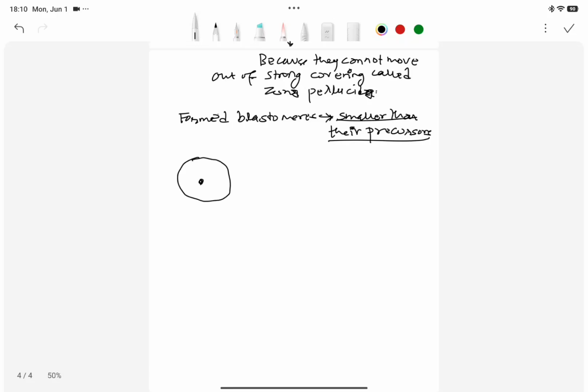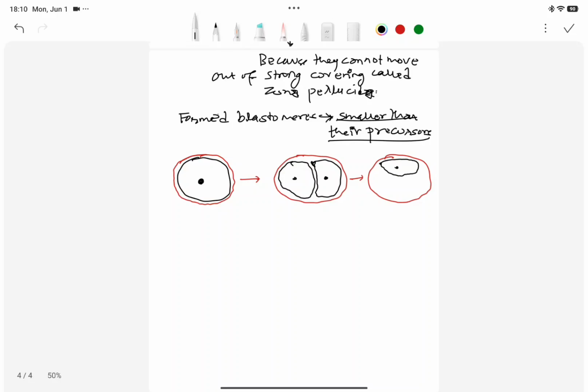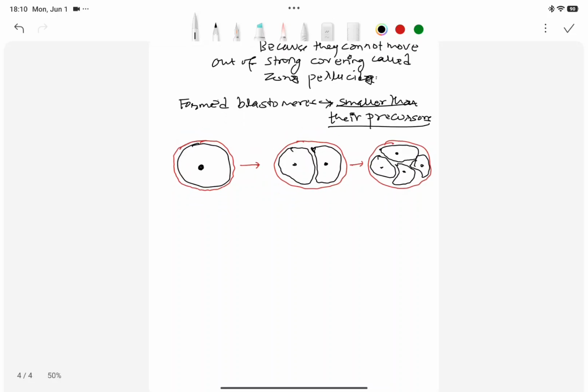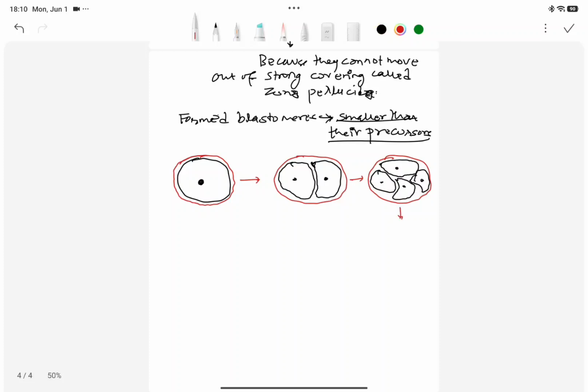So this is the diploid zygote, which is surrounded by the outer covering of the zona pellucida, and this will lead to formation of the two-cell stage. Then again, within the zona pellucida, this will lead to formation of the four-cell stage, and this will lead to formation of the eight-cell stage.